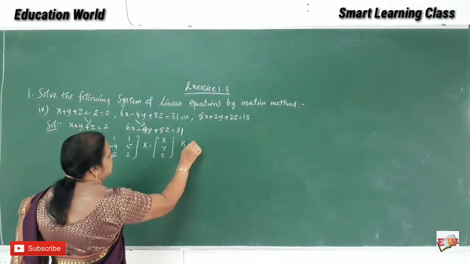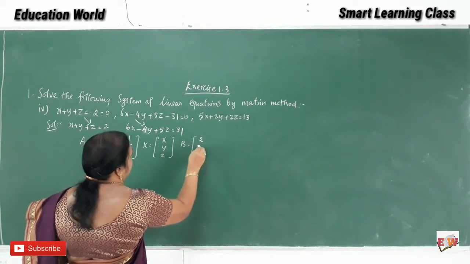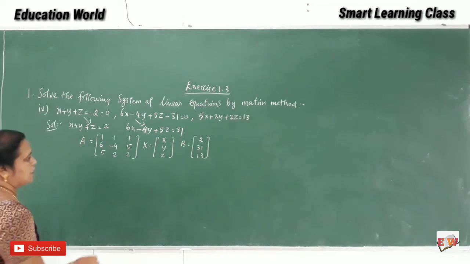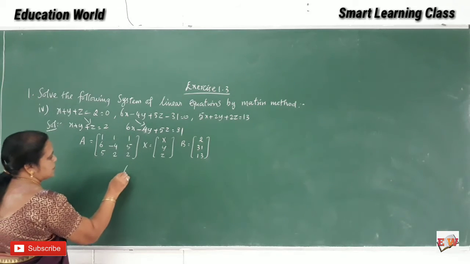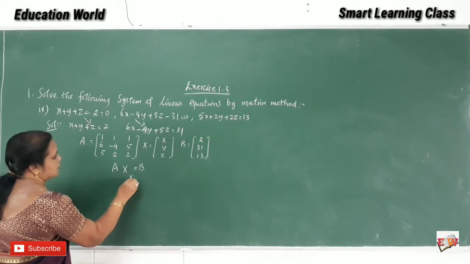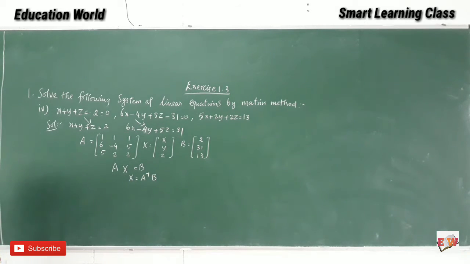Then B is equal to 2, 31, 13. So the matrix form of the given system is Ax is equal to B, x is equal to A inverse B. So we have to find A inverse first. Before that I am going to find the determinant value of A.